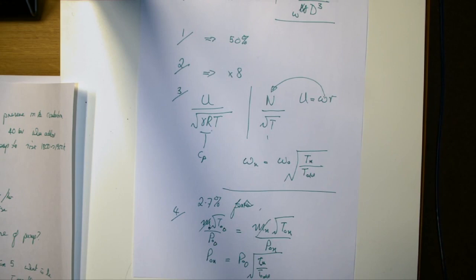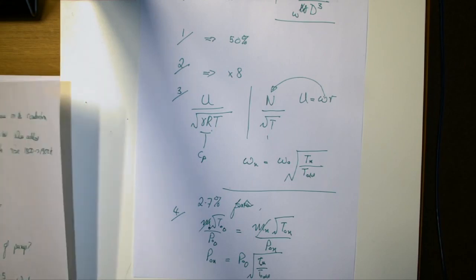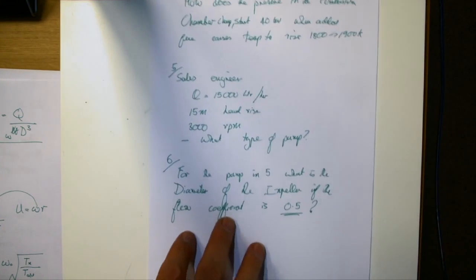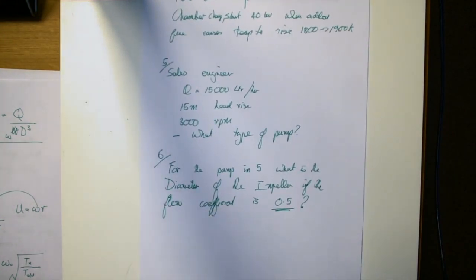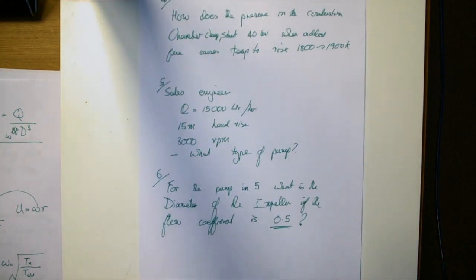We now come to question 5, which is my sales engineer question. I've already talked to you about what the sales engineer has to do. The guy is phoned up by a customer, and the customer says, I want a pump. I want a pump that will shift 15,000 litres of water per hour.